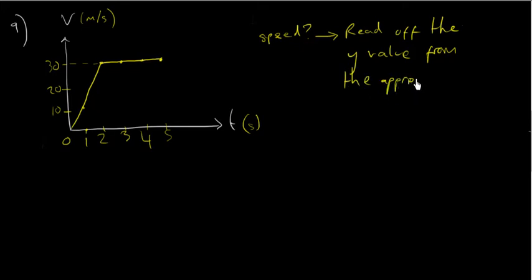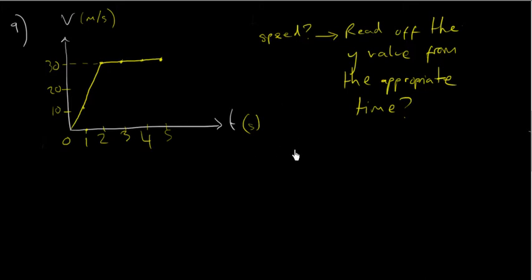Okay, so what I mean there by appropriate is the time where they ask us, or the given time that they ask us. Okay, so if they ask us, hey, what's the speed after 3 seconds, then you say that, well, this is my time, so therefore it's 30. Okay, so the speed is easier, we just read it off.